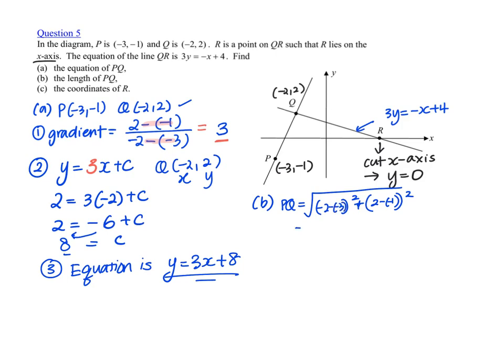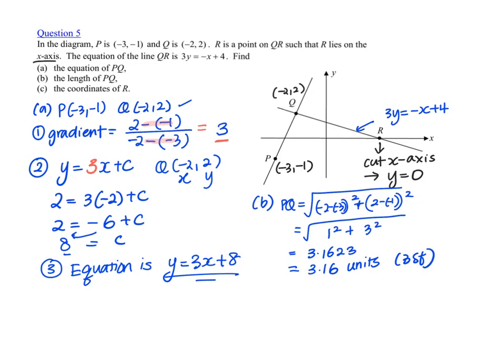Be careful of the sign. So in this case, we have the square root of 1 square plus 3 square, and that gives me 3.1623. Then we round it off to 3.16, 3 significant figures.